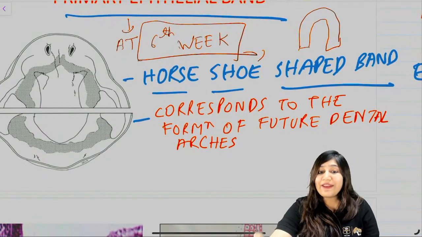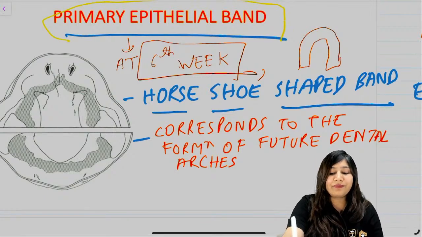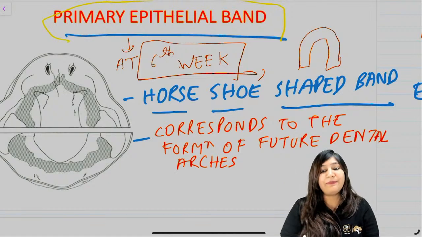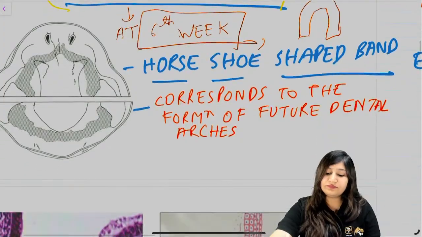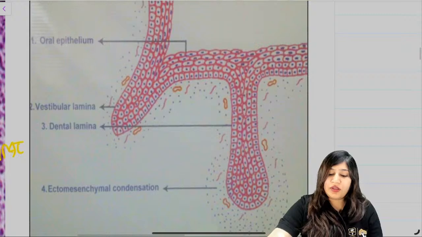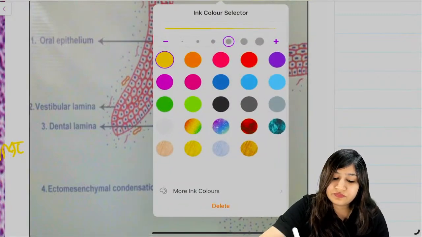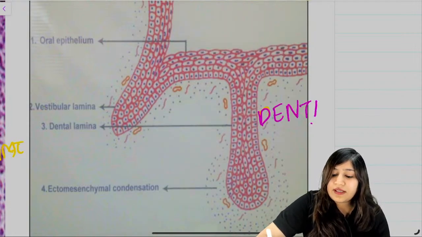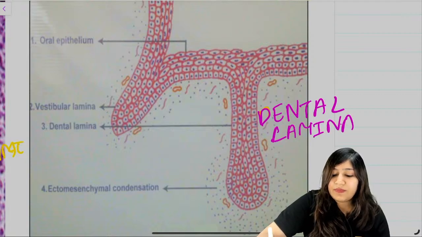Now at about 7 weeks, this primary epithelial band extends into dental lamina and vestibular lamina. It has 2 extensions. Here we can see this is our dental lamina, and vestibular lamina.